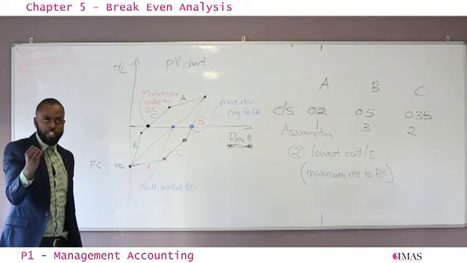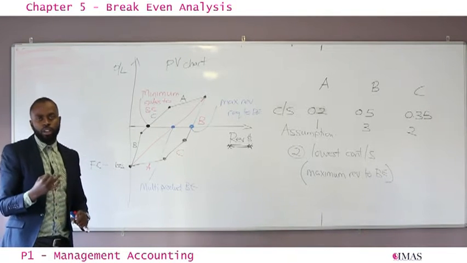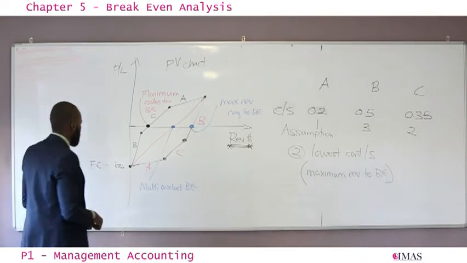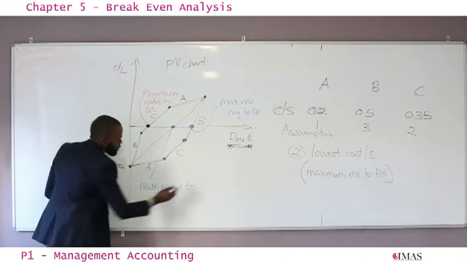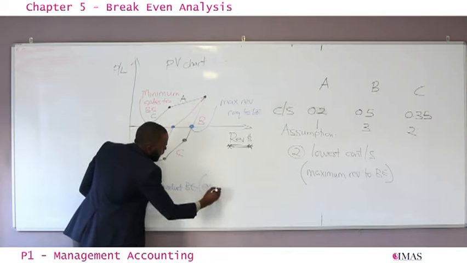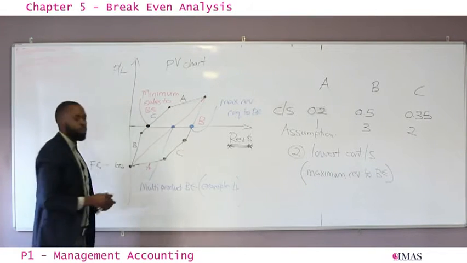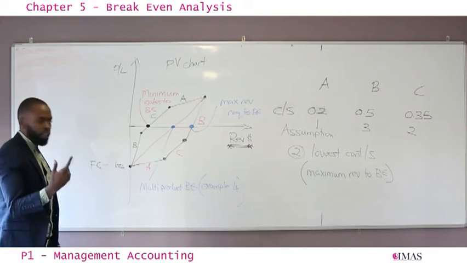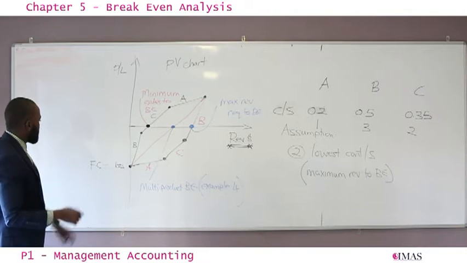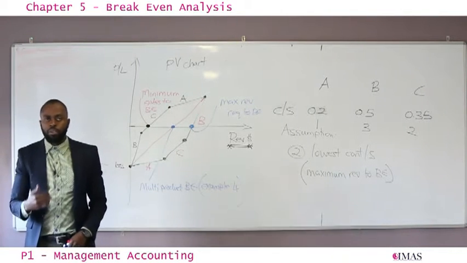So now we have three assumptions. We start with the first assumption that the sales mix will remain constant, so we have a predetermined mix. This is what gives us the multi-product break-even point. This is what we were doing on example 4, where we were calculating the multi-product break-even analysis. Then I gave you another assumption, since there is no way we're going to sell the products in a predetermined mix.